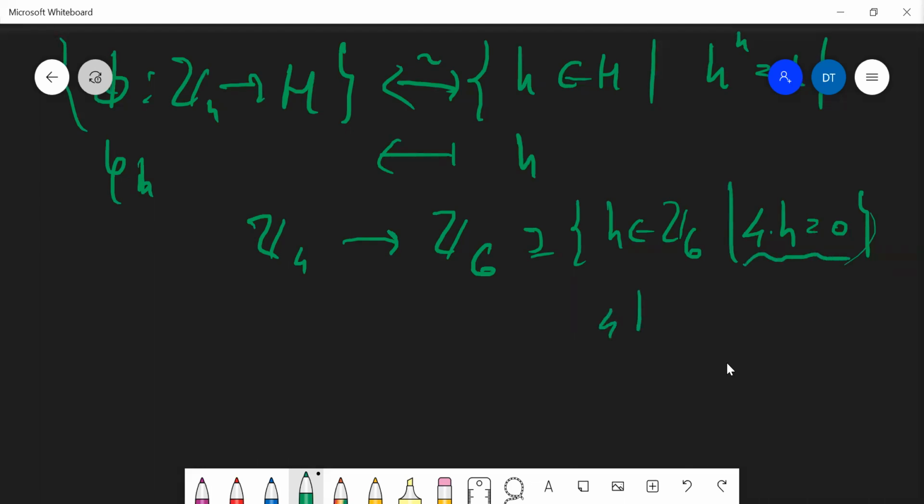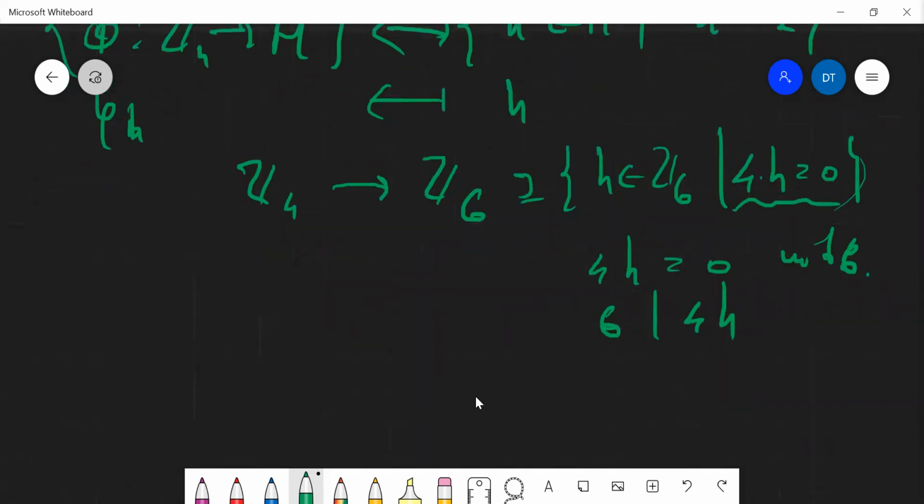These are all elements h from Z6 such that 4h equals 0 modulo 6, which means 6 divides 4h. But you may cancel 2, and you'll see that 3 must divide 2h.